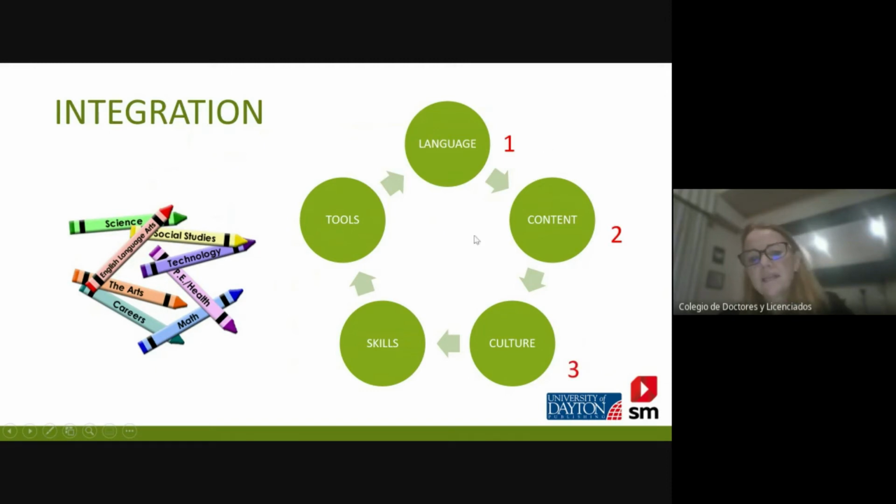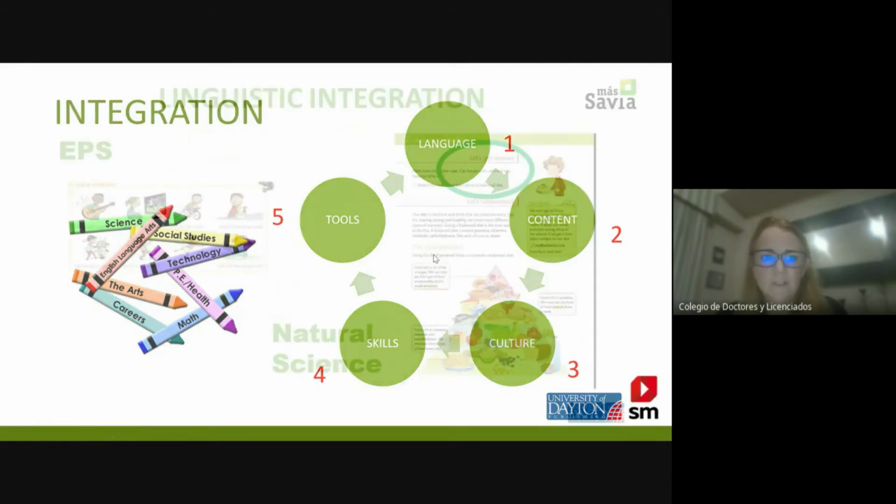Then we have to integrate the skills, the reading, the writing, the listening, the speaking, the 21st century skills, and different tools that we've got. So a variety of activities using digital tools, and other tools that you've got, like cooperative learning, other different tools that you have at your disposal. So it's trying to achieve this integration. I'm not saying it's easy, but this is how it works.